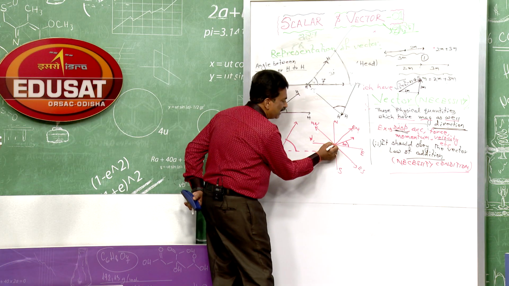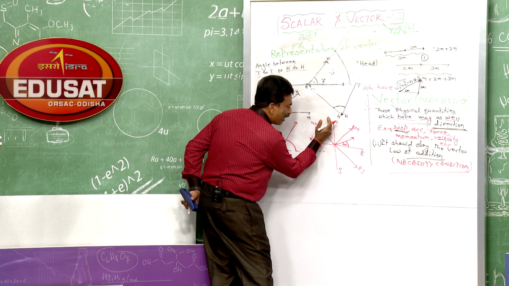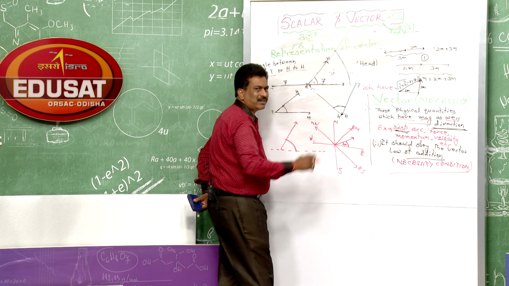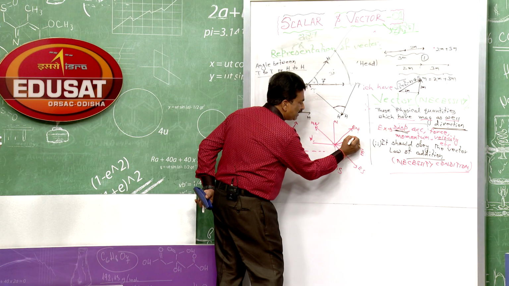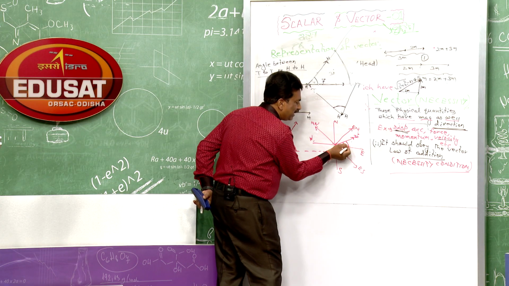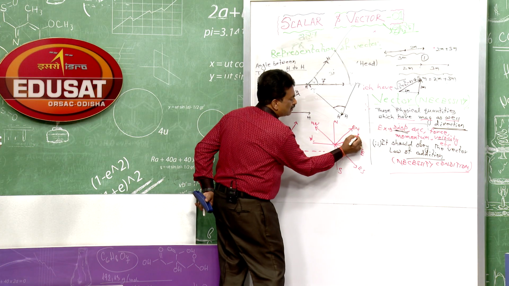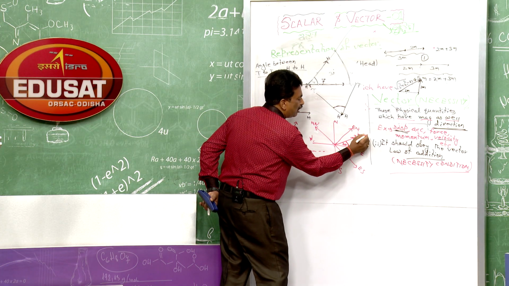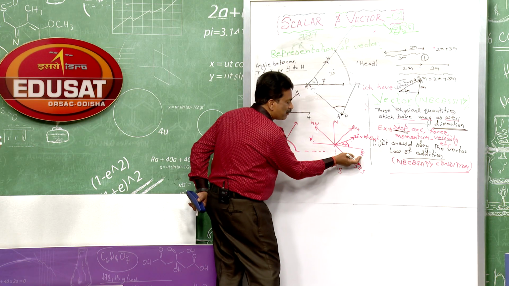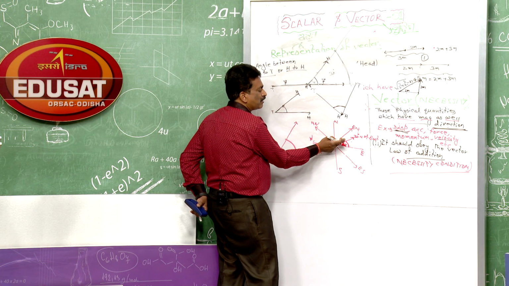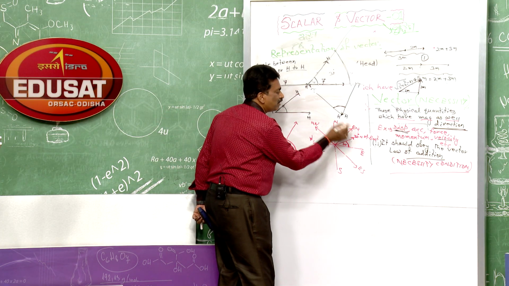Then we will say that this vector is 30 degrees towards the north from the east, in which direction? Towards the north, 30 degrees north of the east, meaning from the east it makes 30 degrees towards the north. Therefore, this is its direction.